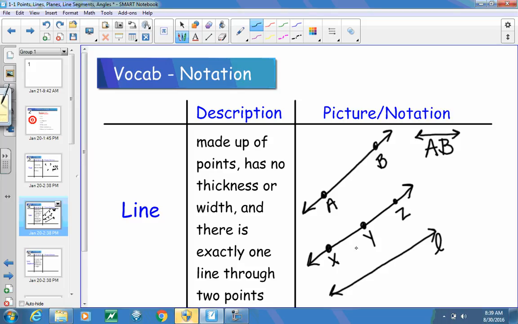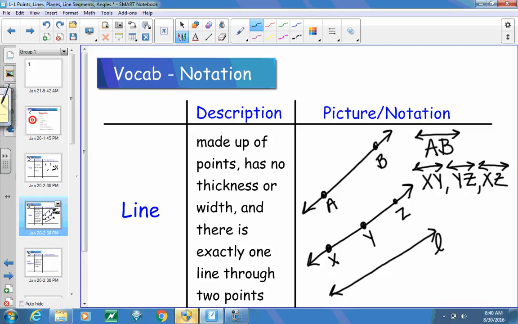If you have a line that has more than 2 points, all you want to do is pick 2 of the points. So this line that has X, Y, and Z on it, I could say that this is line XY, I could refer to it as YZ, or I could refer to it as XZ.